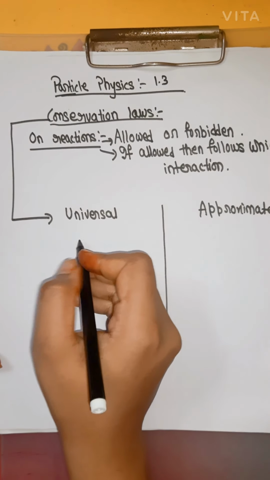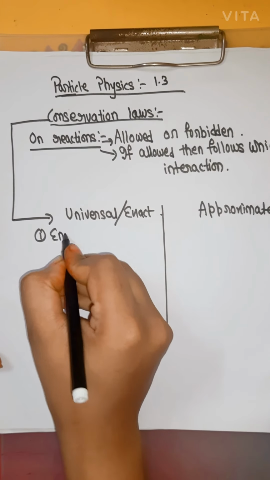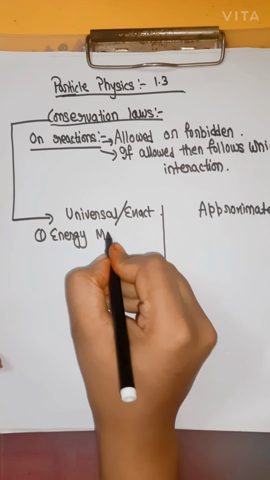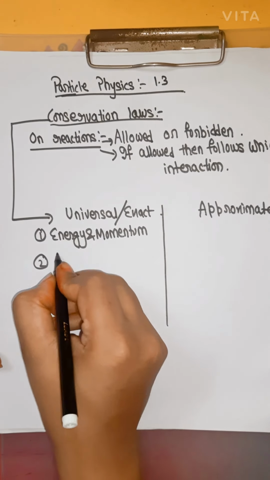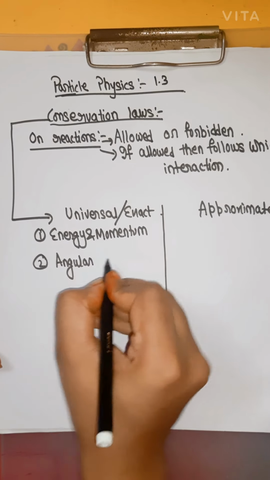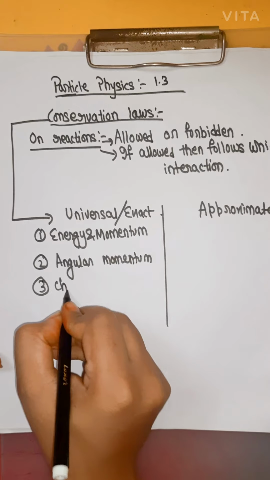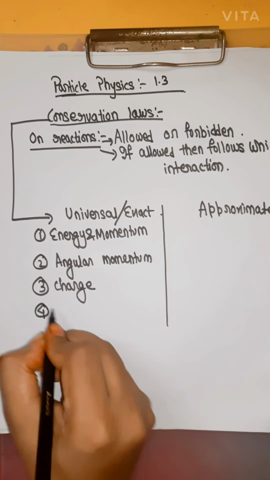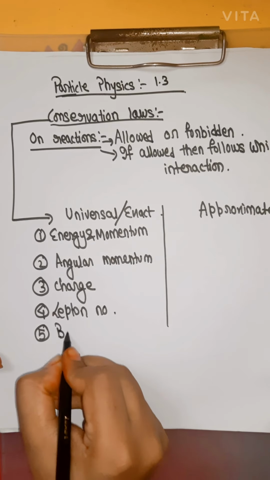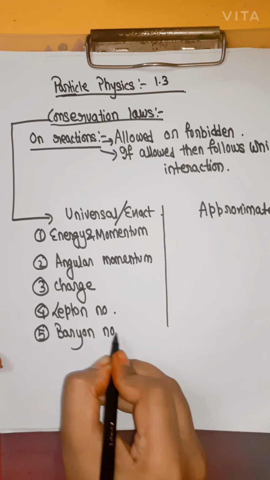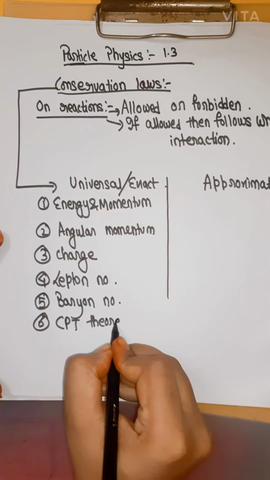Under universal, that is exact, conservation laws, we will check energy and momentum, second angular momentum conservation, then charge, then lepton number, baryon number, and the CPT theorem.